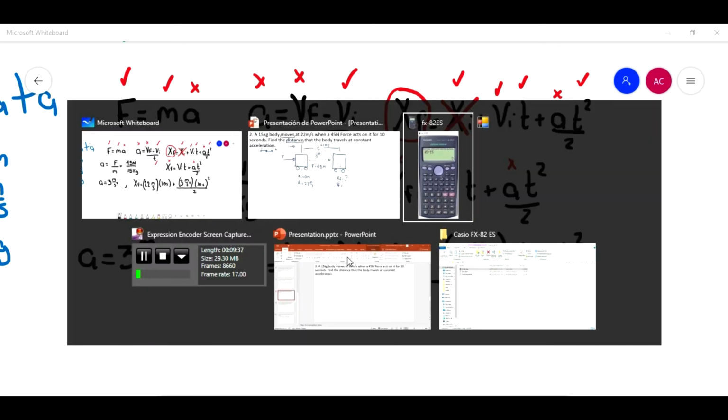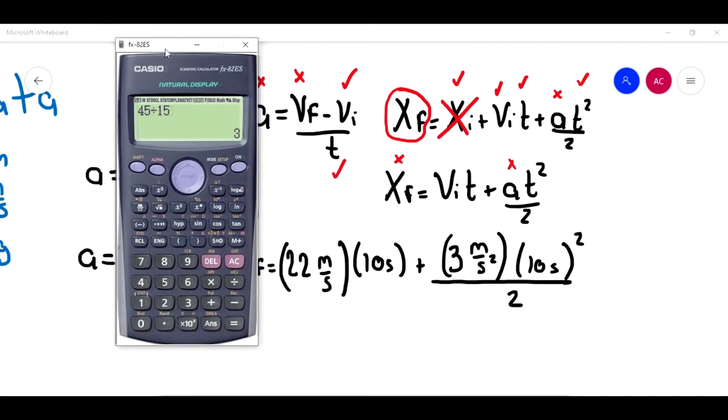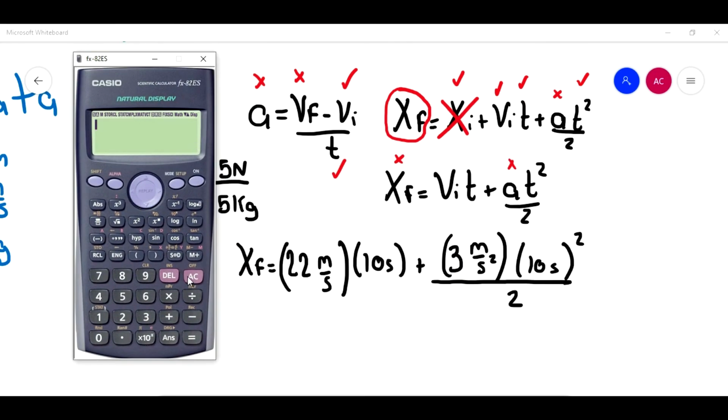I can do this operation easily in my calculator. So it's going to be 22 times 10, and then plus, and this is a fraction, 3 times 10 raised to the square over 2.